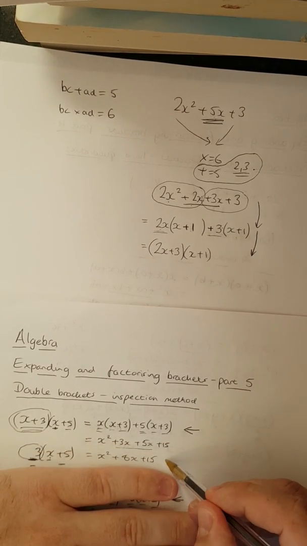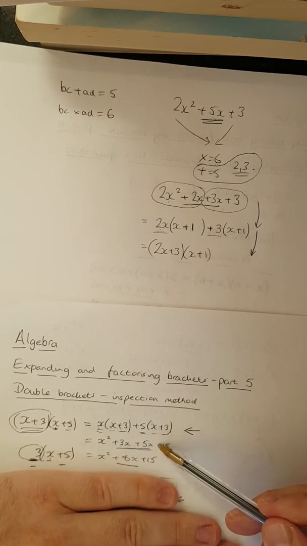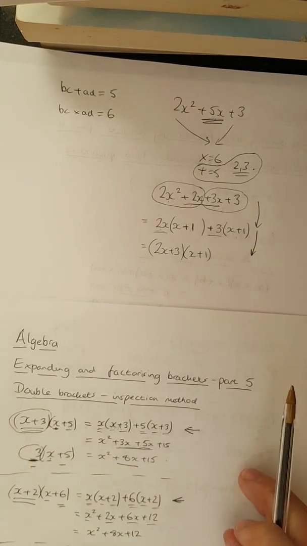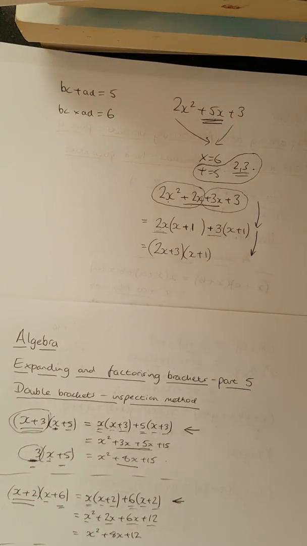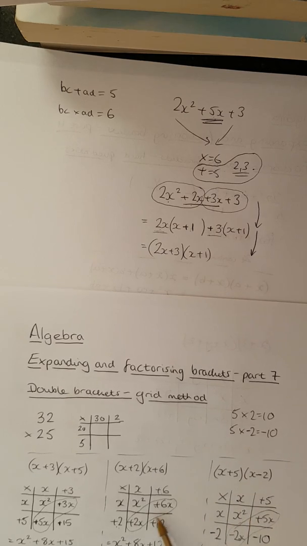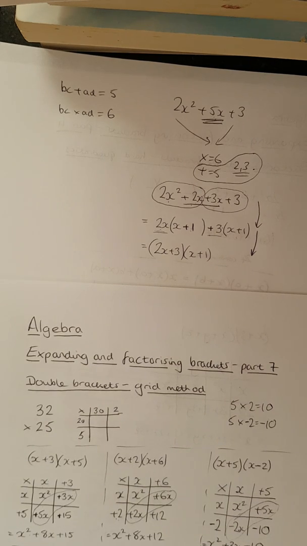Then the last step is simplifying that middle term. And we've been doing that in every one of our examples in all the different methods. Not just here in inspection method. We also here collected our x's together to make our middle term for the grid method.